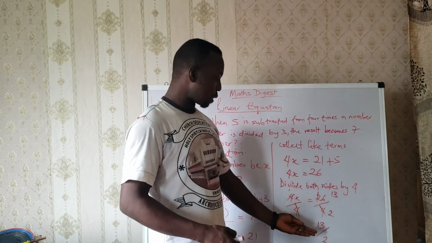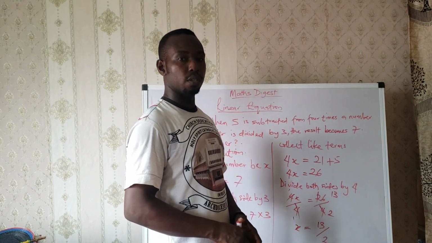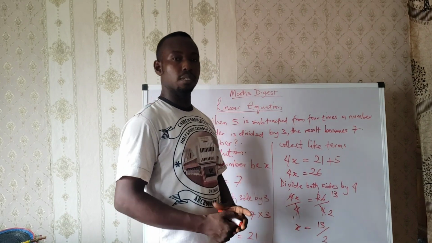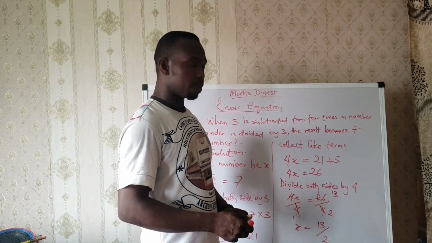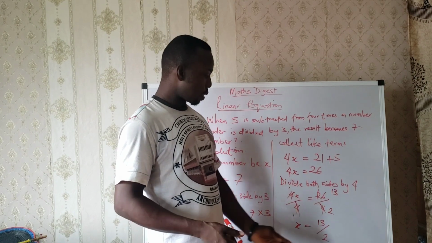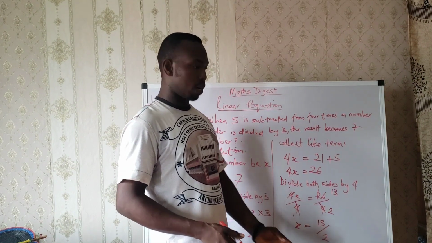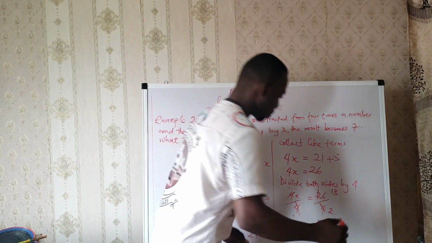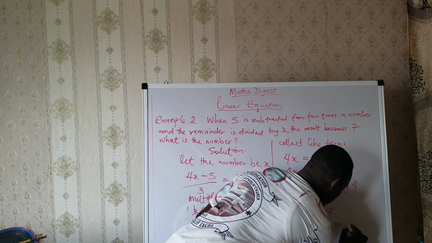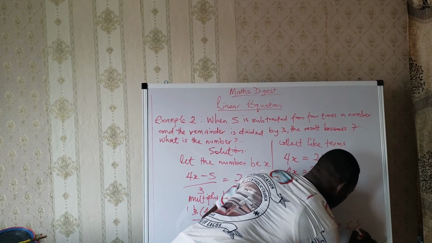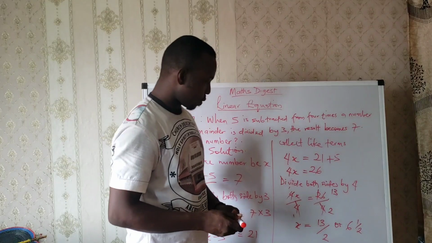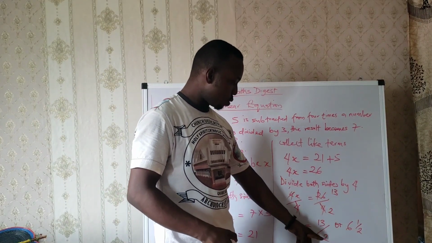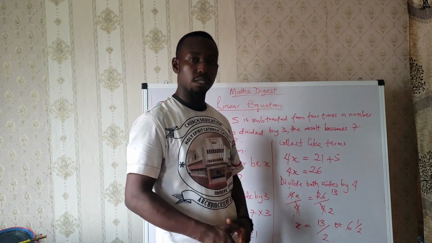But if you look at it, it's an improper fraction. So we may end up reducing it more to a mixed fraction. What do I mean by mixed fraction? So that whatever is left on top of the 2 will not be more than the 2. With this, we have 6 whole number 1 over 2. What did I do? I used this 2 to divide 13.